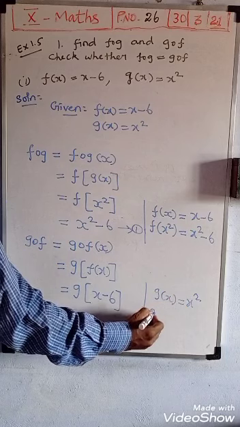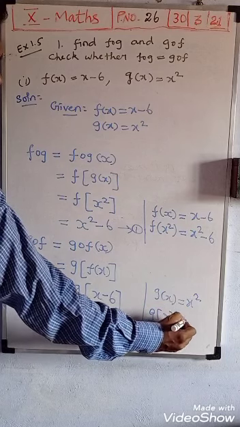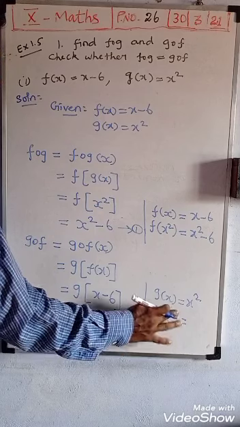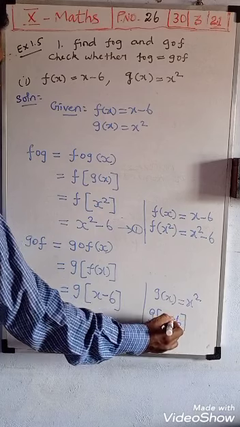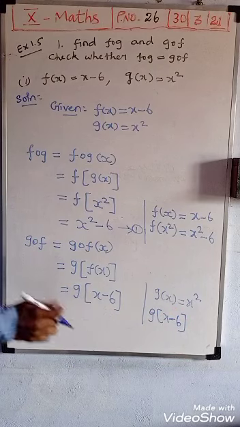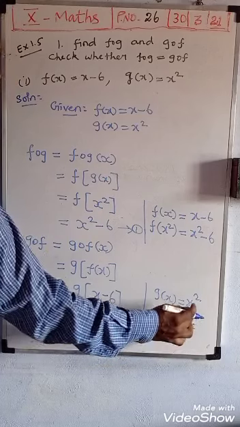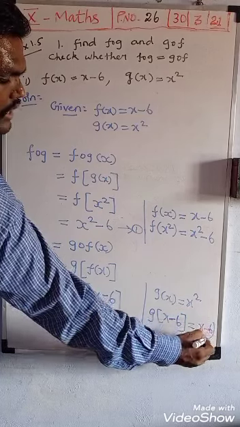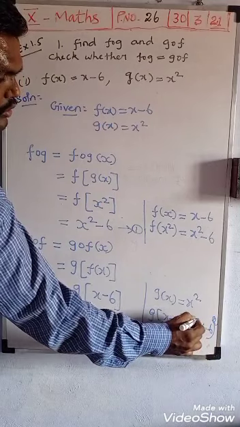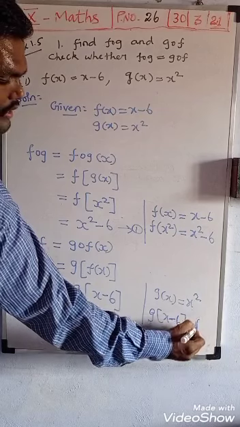So what is g of x minus 6? g of x minus 6 is equal to, instead of x you substitute x minus 6. So x minus 6 to the whole square.